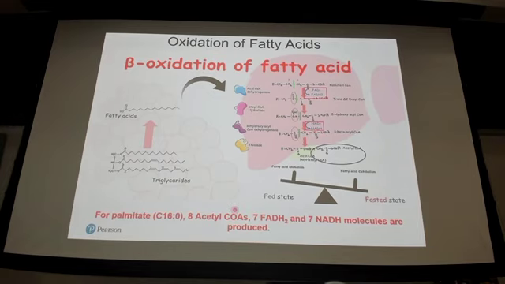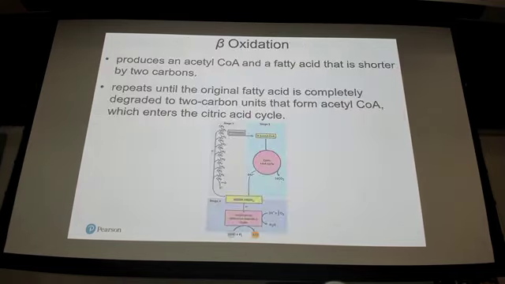So if you have a 16-carbon fatty acid, you will get 8 acetyl-CoAs, 7 FADH2, and 7 NADH, which of course we know will produce a significant amount of ATP, much more than we saw in the glycolytic pathway.